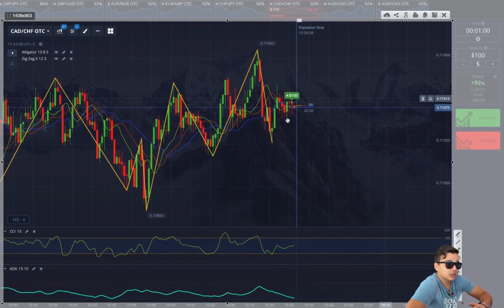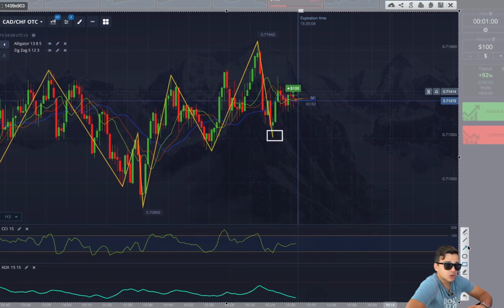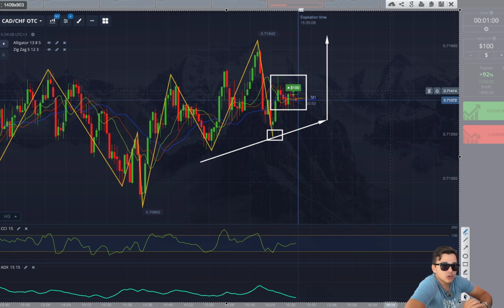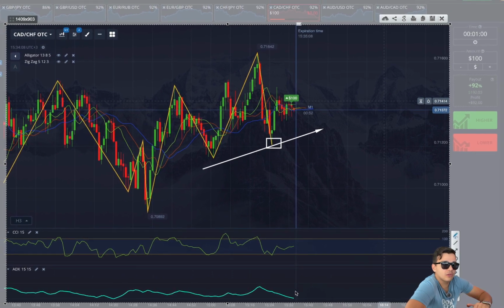Accordingly, the local maximum should be formed, and in general, it is clear that the dynamics of the movement now has an upward character. And here the price is standing still a little. Such a flat prevails, but I think that the exit should still happen, and also the moving line Alligator still shows the upward dynamics of the movement.